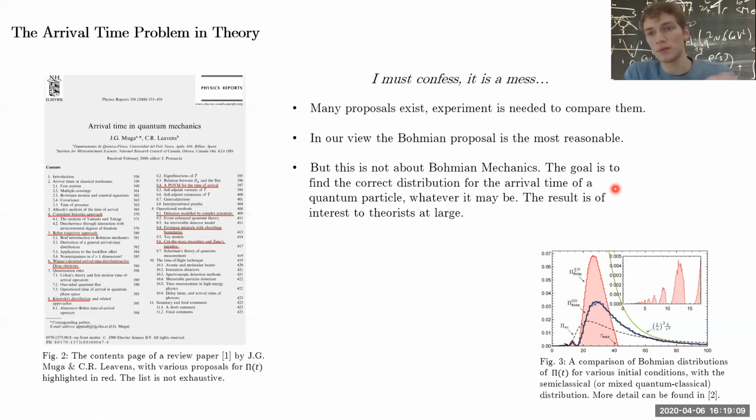Maybe they believe in one of these other models by Muga. And we're not looking to prove Bohmian mechanics right. We're just looking to find out what is the right answer to this problem. And regardless of what the result is, it would be very interesting.